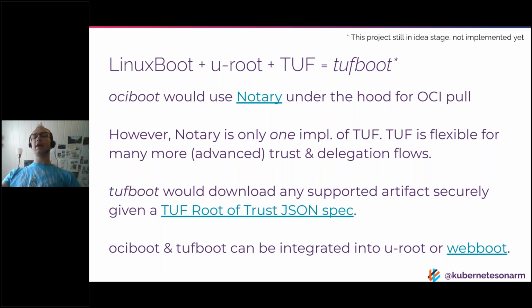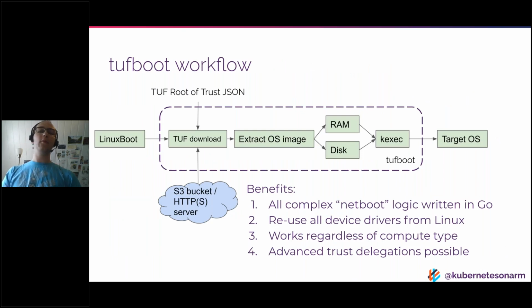So TUF, as said, is a checklist of what to do for more advanced trust and delegation verification flows. And TUF boot would download any supported artifact securely, given this kind of root of trust JSON specification. It would look something like this. Linux boot starts, and now TUF boot starts executing.